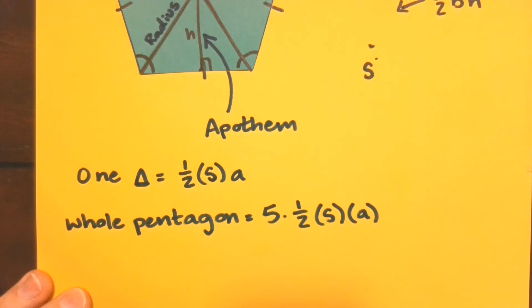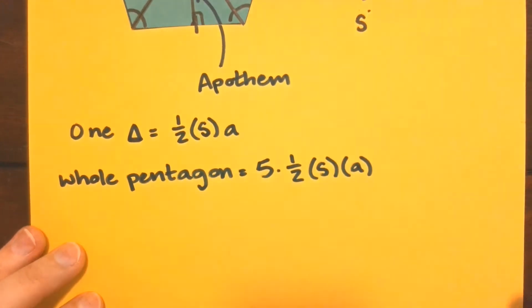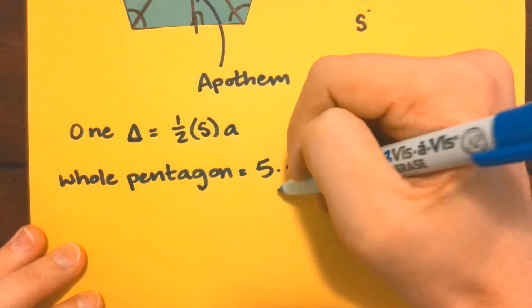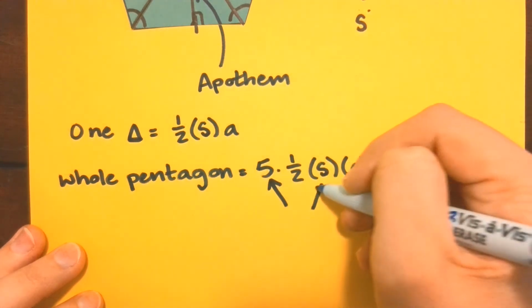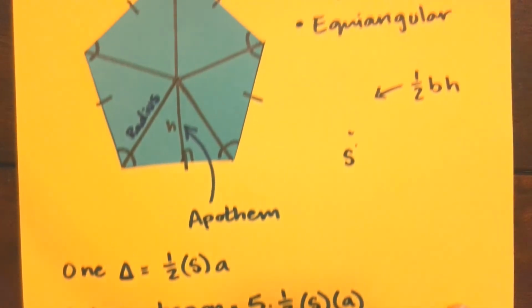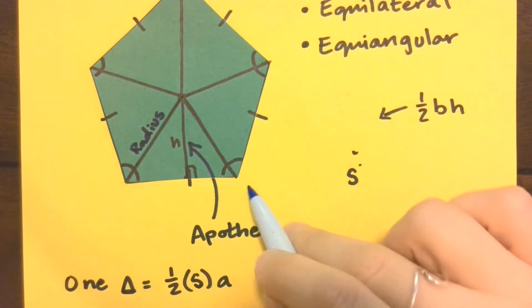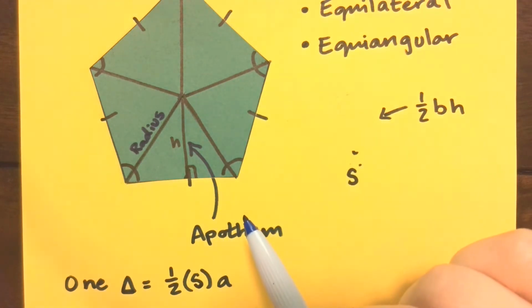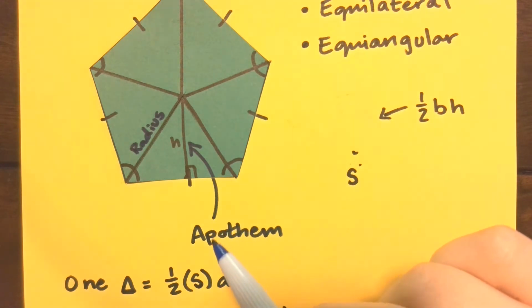Okay, so we're about there with our formula for this. What I want you to notice, and sorry about having an S and a 5 in there, my bad, is this 5 and the side length. If I multiply, say my side length is 10, and I multiply 5 times 10, what did I actually just find? Yeah, that's right.